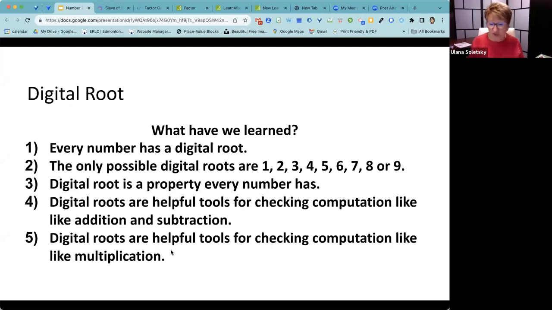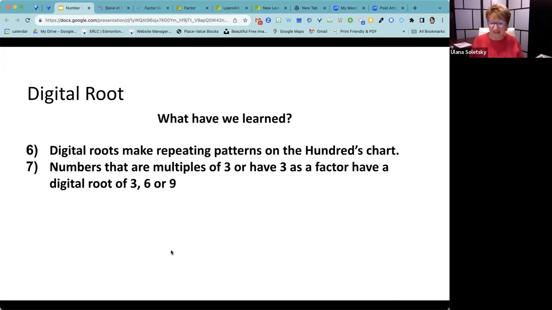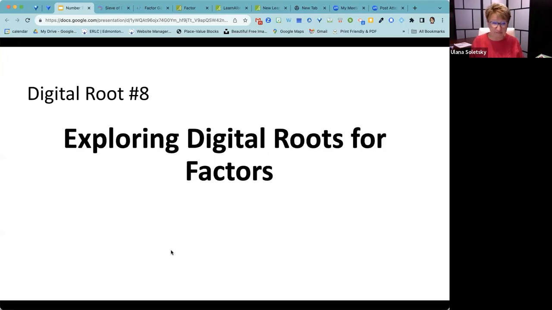So we've learned so much about digital roots, and we know that we can use them for checking computation like multiplication, and we know it works for addition and subtraction. And yes, I'm not going to show you, but I can tell you, you can use digital roots to check division also. I love them because you can use digital roots for divisibility facts.